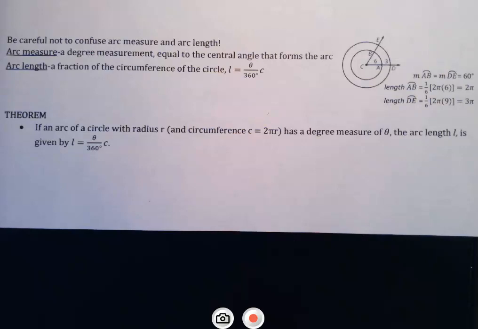Arc measure is a degree measurement that's equal to the central angle that forms the arc. That's what we've been doing, calling it an arc measure. Arc length, on the other hand, is a fraction of the circumference of the circle. So the length, this formula, you might want to highlight it, circle it, put a box around it.